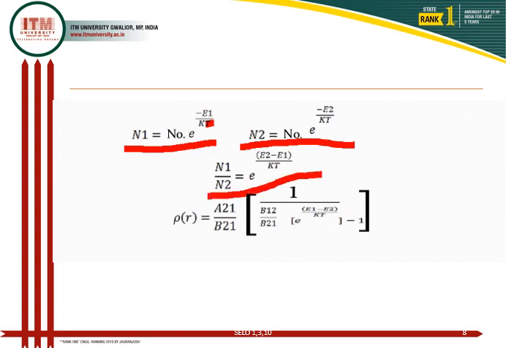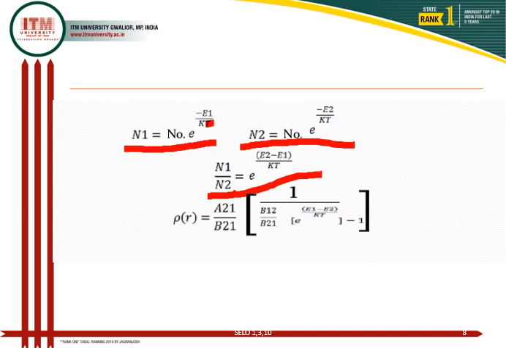If we do the N1 by N2, then you can say here this is minus E1 and this is minus E2, and since you are keeping N2 in the denominator, when it goes in the upward direction in the numerator, it will be positive. So finally E2 minus E1 over kT.